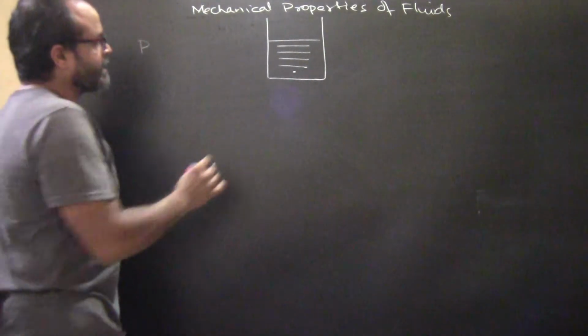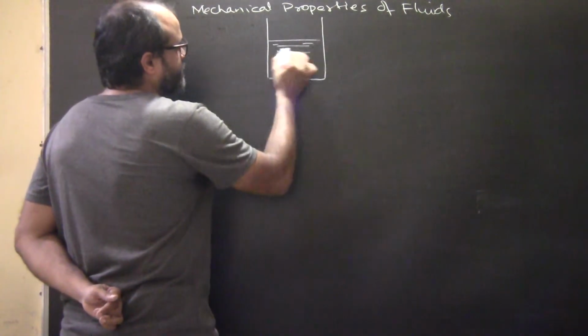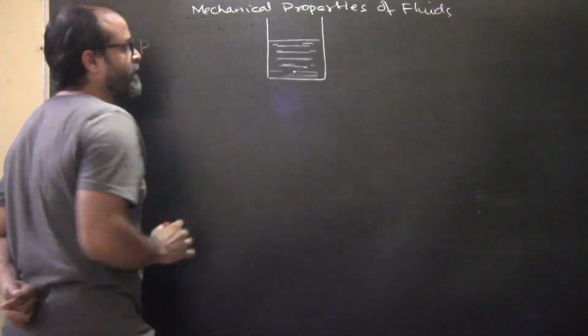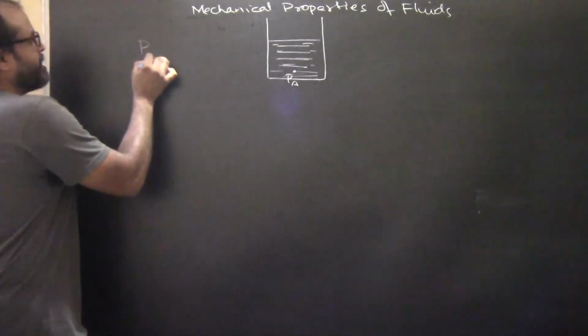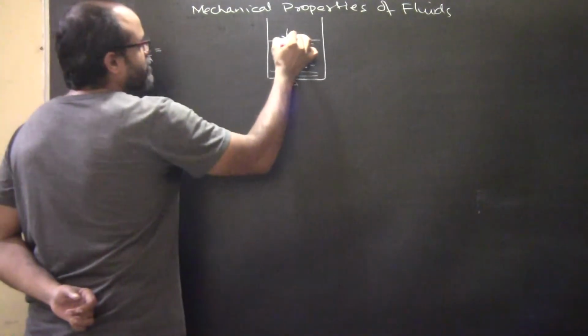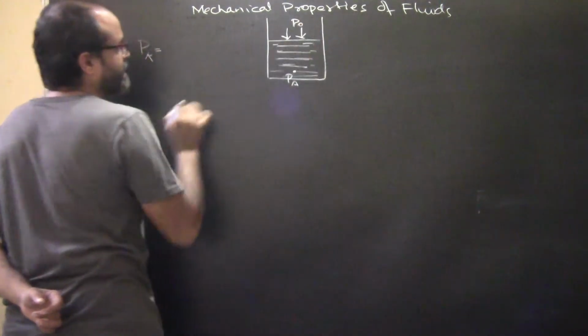Now let's say in this container a liquid is filled. At a point A we have just seen how to calculate the pressure. We have atmospheric pressure acting here.